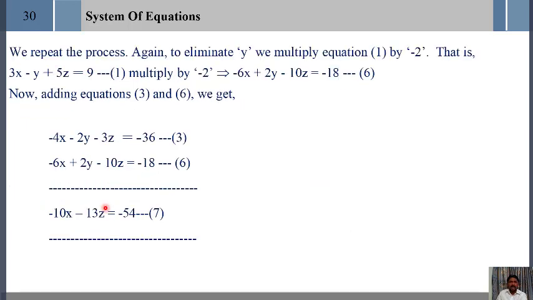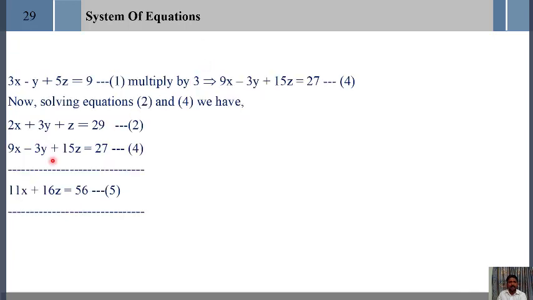Similarly, I repeat the same process. Again, I need to eliminate y. Here I have eliminated y from the first and second equations. To eliminate y, I have to multiply equation 1 by the coefficient of y. Here the coefficient of y is 3.